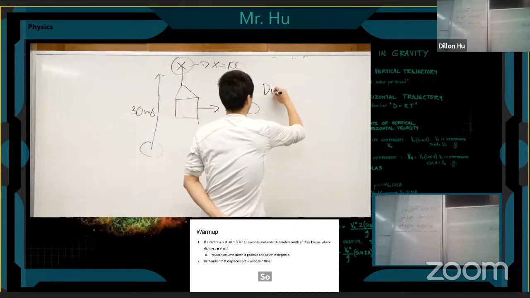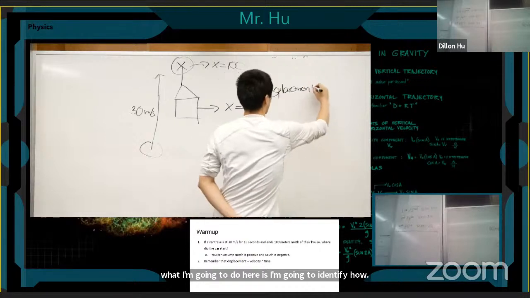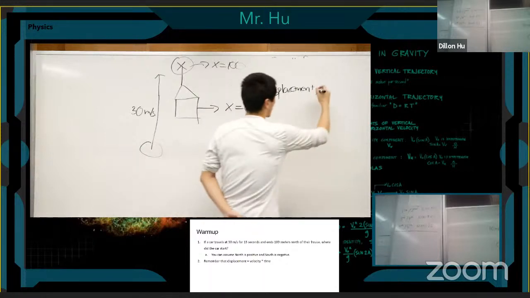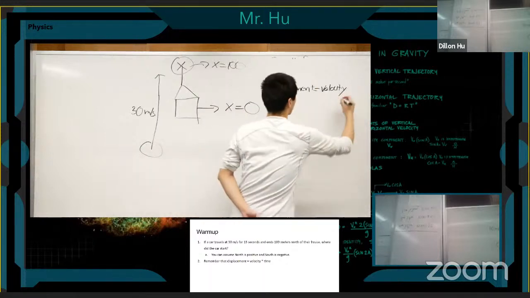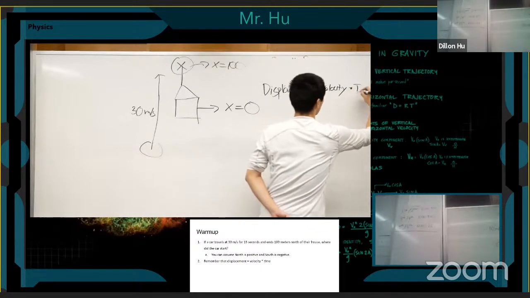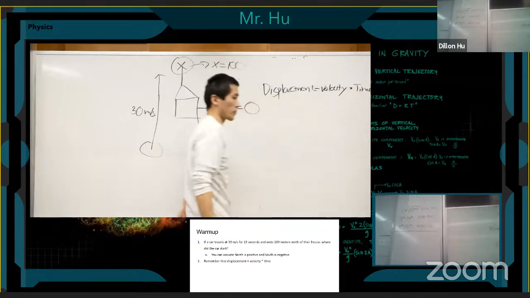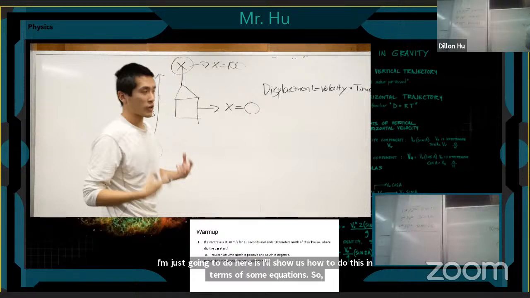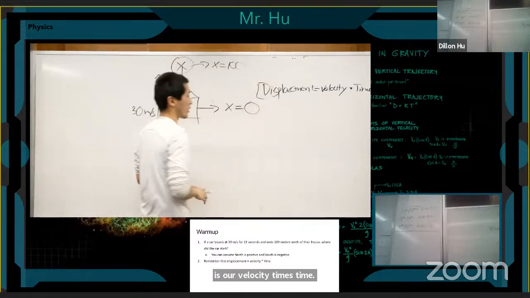The first thing we know is that the displacement, in other words, how far the car went, is our velocity times time. Our car is traveling at some velocity for some time, and thus it will cover some displacement in some amount of time.